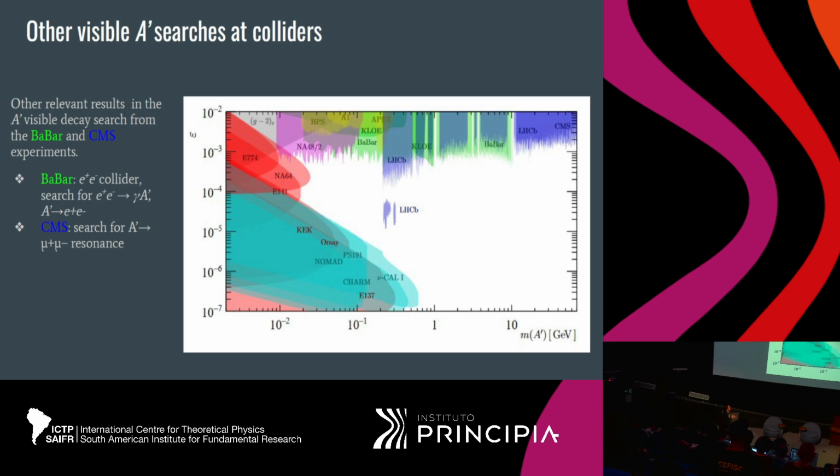So the reason these regions are very small is because there you have the right cocktail of parameters to have a particle that can be at the same time produced in a large enough number and live long enough to be detected as a displaced vertex.